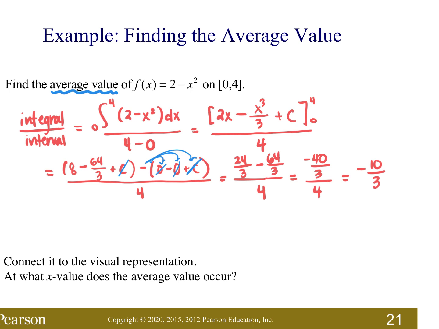So what does that mean visually? Let's try and draw the parabola. The parabola is going to start at the number 2, and I'm going to go 0, 1, 2, 3, 4. So the parabola comes down, kind of all the way down like that. So I have area both above, but I've got a lot more area below.